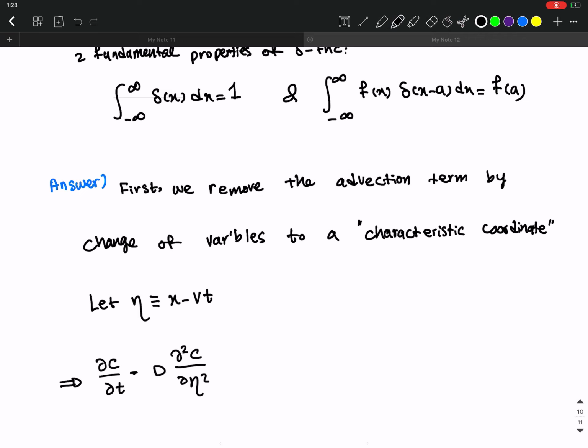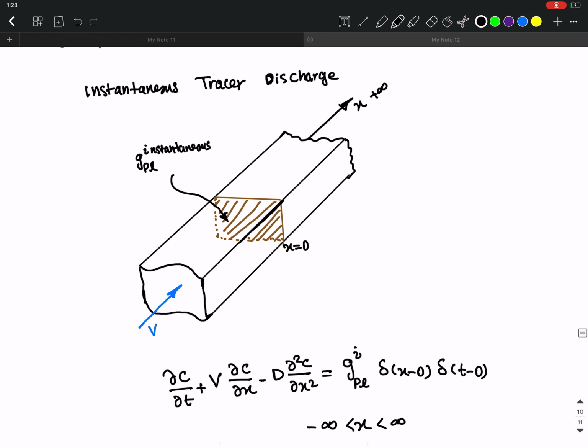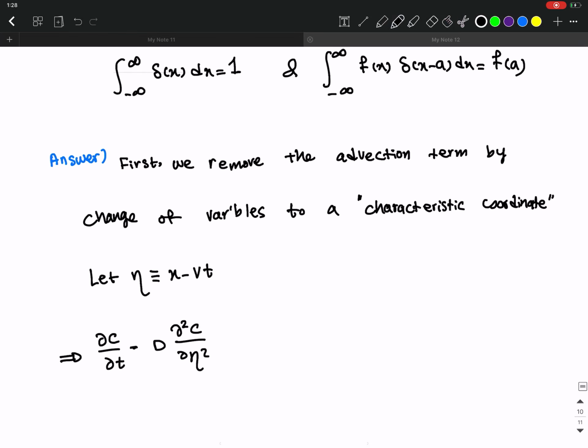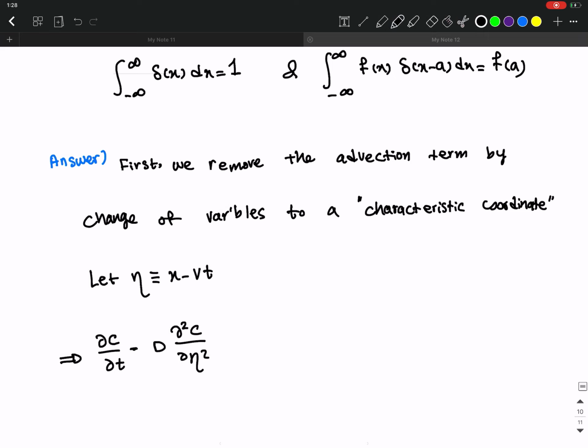So I have removed the minus v partial c over partial x by changing this variable, equals to GPL I delta eta minus 0 and delta t minus 0.